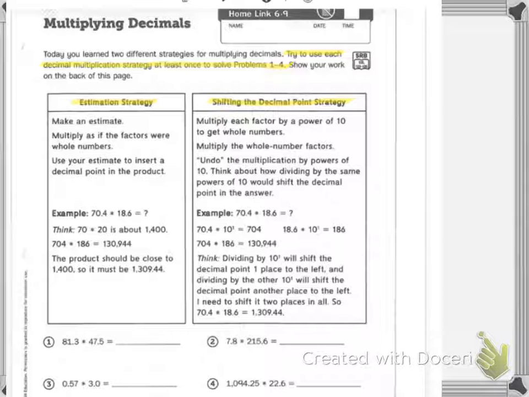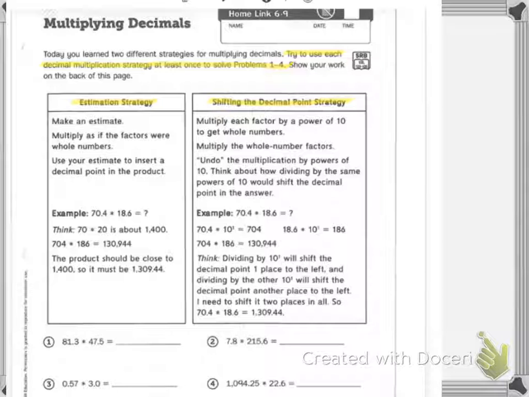Dividing by 10 to the first power will shift the decimal point one place to the left, and dividing by the other 10 to the first power will shift the decimal point another place to the left. I need to shift it 2 places in all. So 70 and 4/10 times 18 and 6/10 equals 1,309 and 44 hundredths.